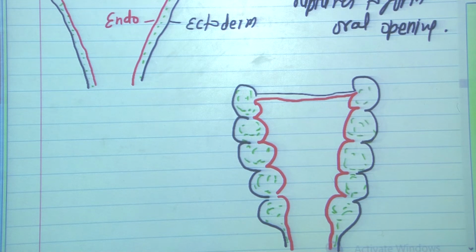So thickening appears in the mesoderm and they form the pharyngeal arches. Numbering, this is the first pharyngeal arch, second pharyngeal arch, third arch, fourth arch and the sixth arch. The fifth arch disappears.